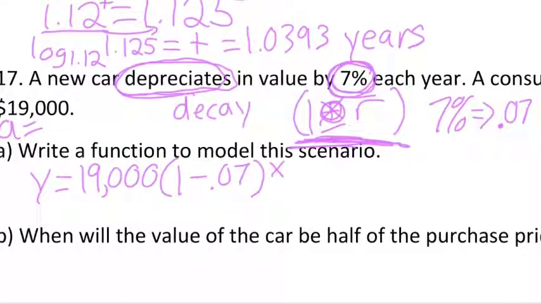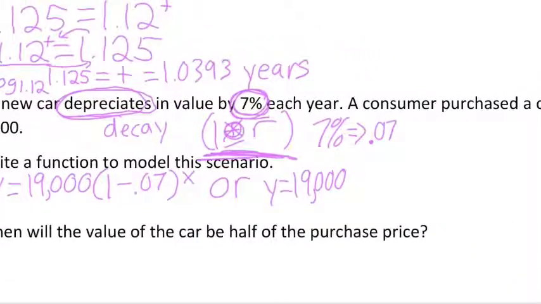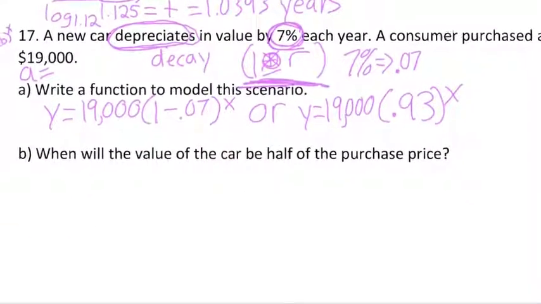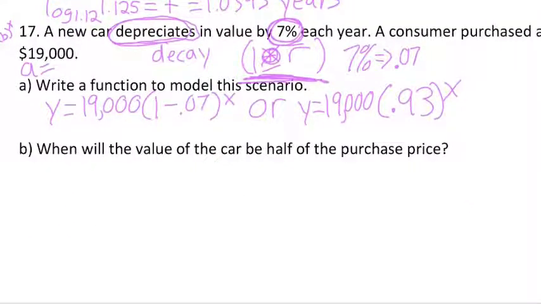Now, I would be perfectly okay if you would keep it just like that, or you can simplify it. So you have y equals still our 19,000 as our initial amount, but you go ahead and subtract that 7 cents from $1. That's all that is. So it would be 0.93 raised to the x. So that would be our function to model the situation.